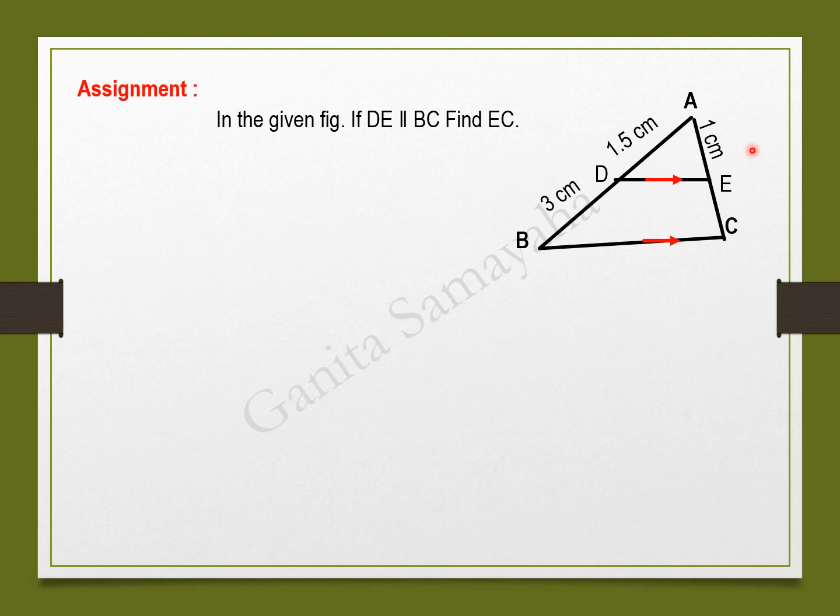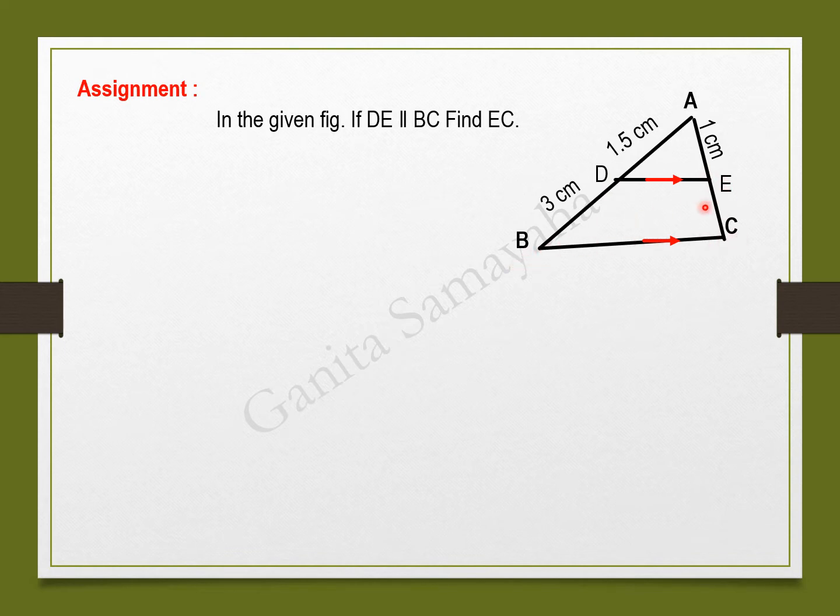Yes. Which are they? Triangle ADE and triangle ABC. Fine. Now we need to prove that these two triangles are equiangular in the sense that their corresponding angles are equal. It's very easy because we have got one clue, DE parallel to BC.